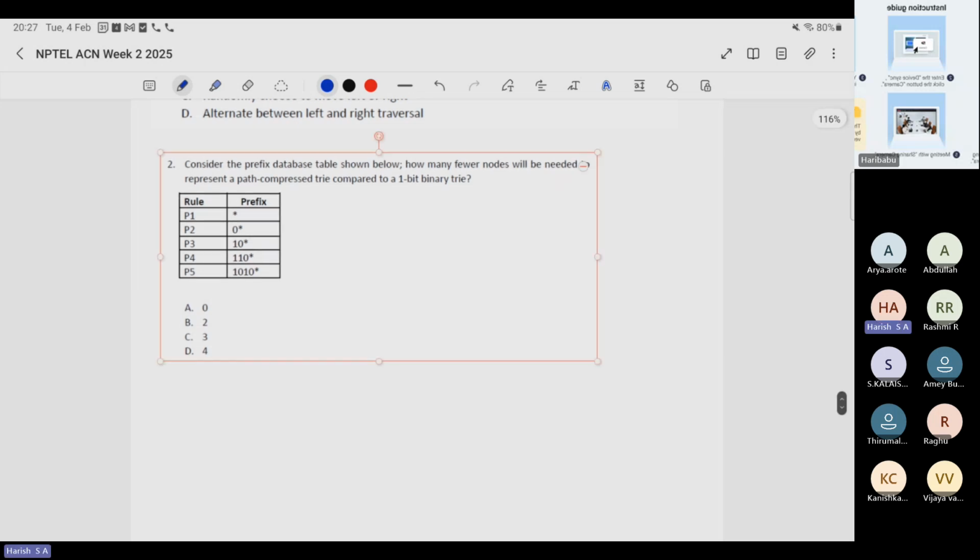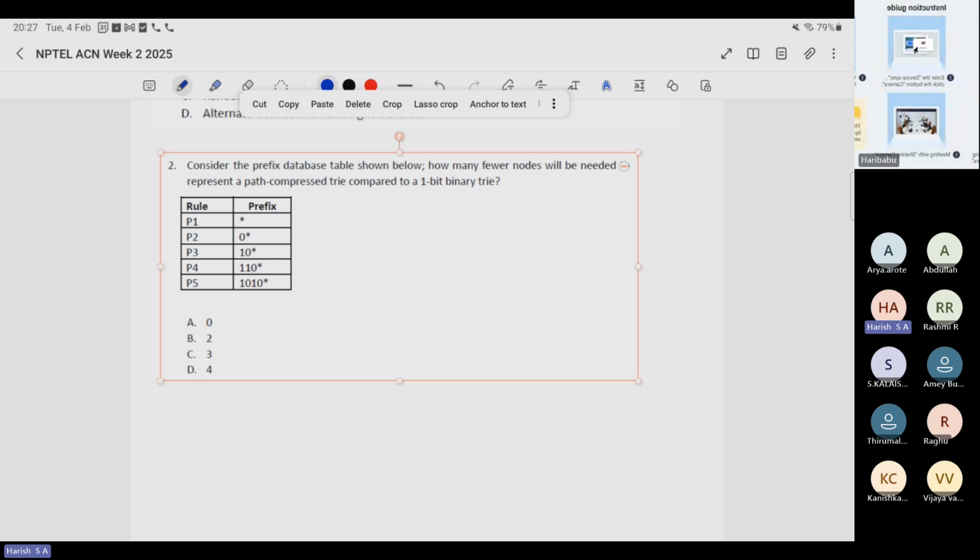Okay, now this is, I think, an interesting question. Consider the prefix database table shown below. How many fewer nodes will be needed to represent a path compressed trie compared to a 1-bit binary trie?